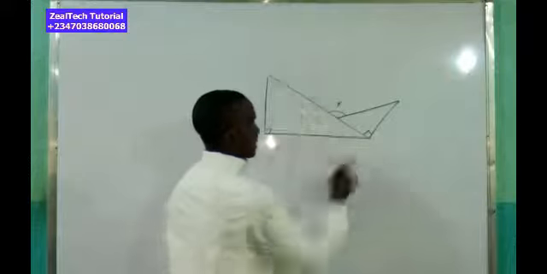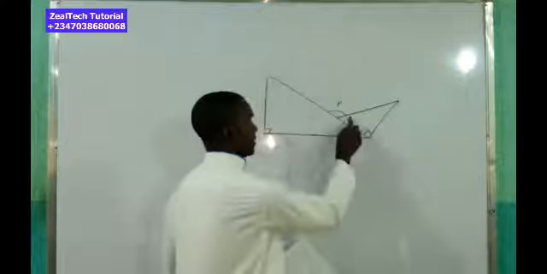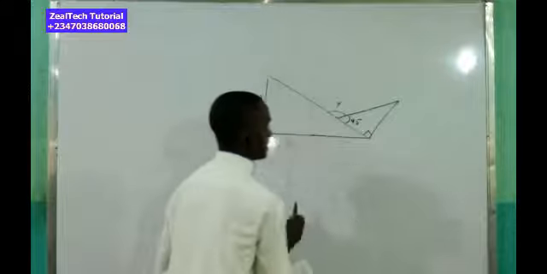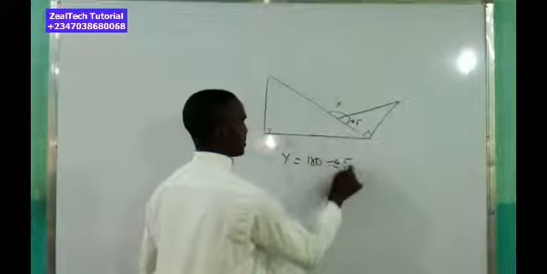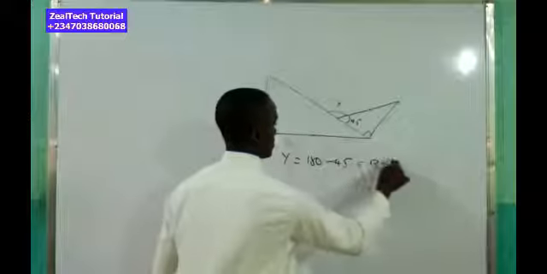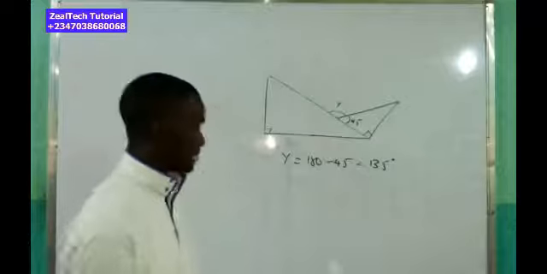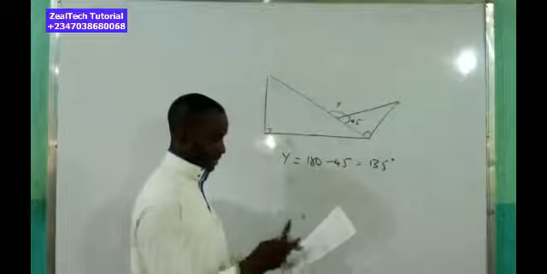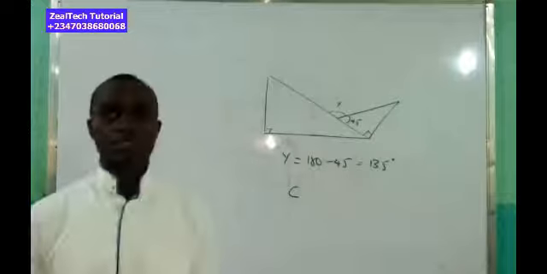Simple. This is a straight line. The angle of a straight line is 180 degrees. If here is 45 degrees, then simply y will become 180 minus 45 degrees, which is 135 degrees as the answer. Subsequently, the answer in this case will become C.